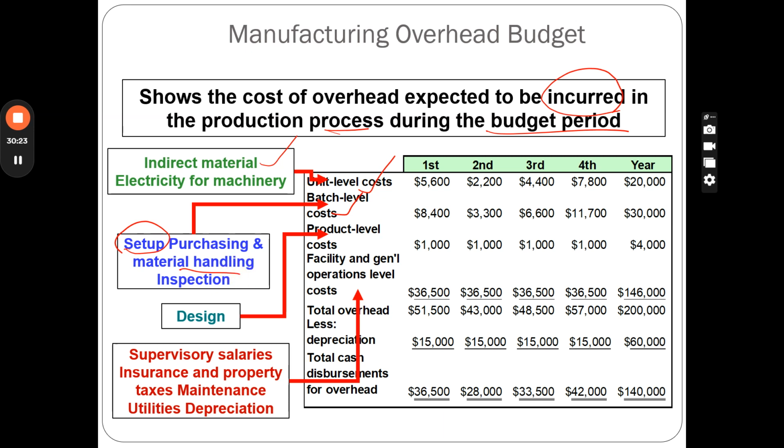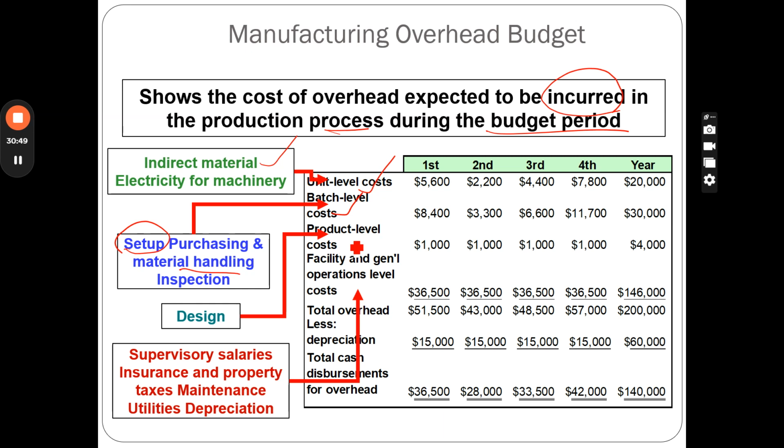This will be calculated for every batch. For example, you are in a t-shirt making company, you have a batch of say 100,000 units of a small shirt that need to be produced. After that, you have to change your machine setup. So that cost is going to happen only for that batch, only one time for a batch. So that cost is going to be batch level.